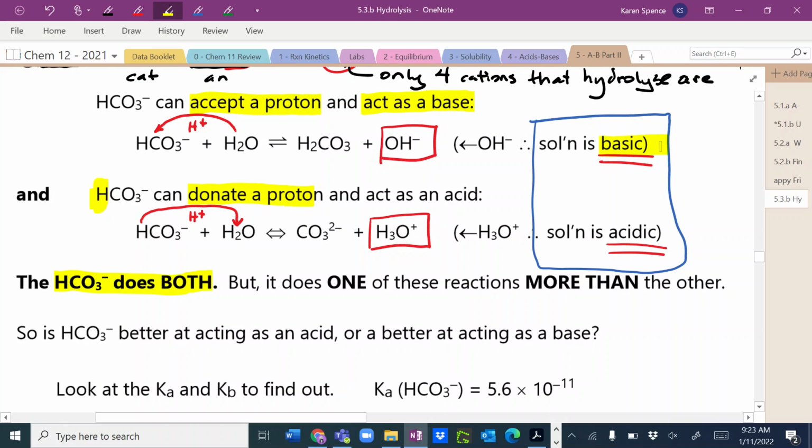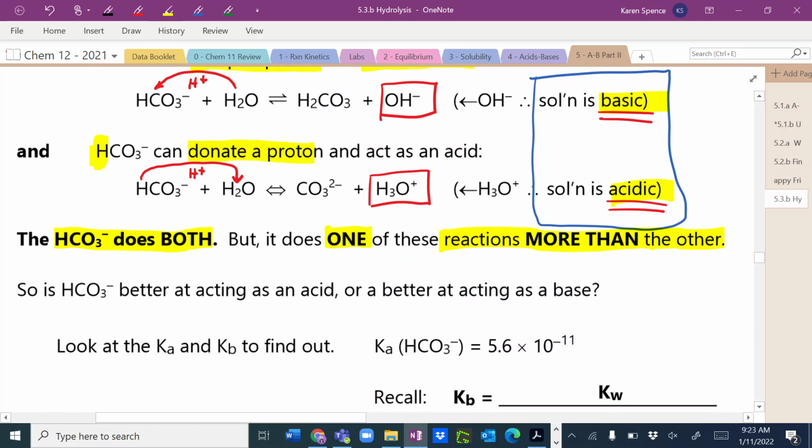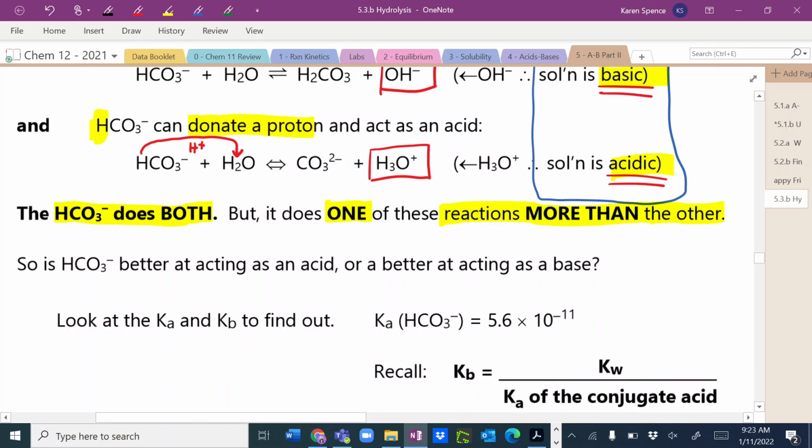It makes both basic and acidic, but one of the reactions happens more than the other. Okay, that does make sense. That's good. Okay, so we have to ask ourselves, is HCO3 better as an acid, or is it better at acting as a base?